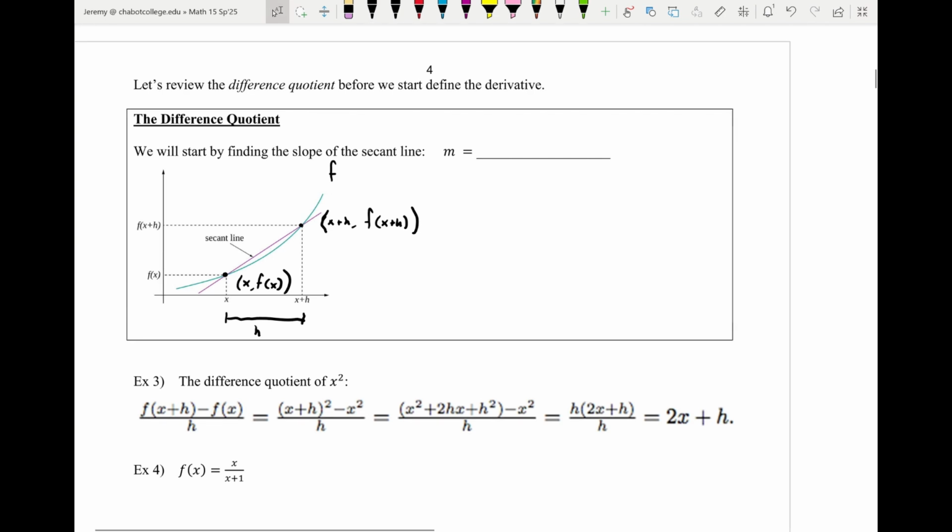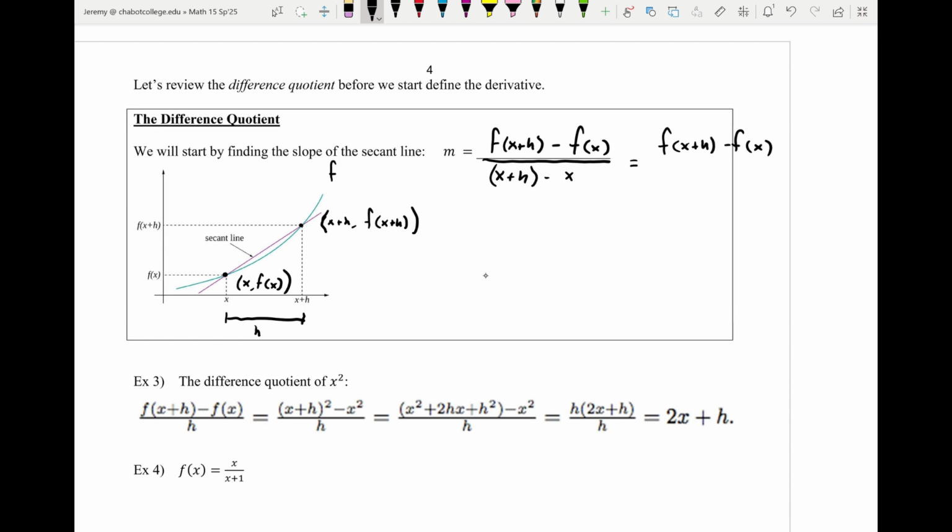So the slope of the secant line will just be the difference of the y's, so that will be f of x plus h minus f of x, over the difference of the x's, which is going to be x plus h minus x. And this simplifies to just f of x plus h minus f of x over h, right?